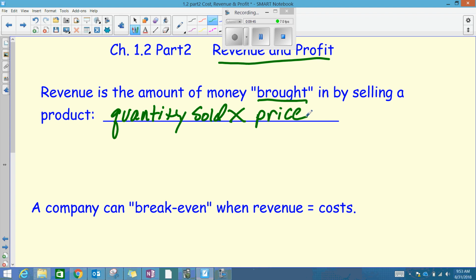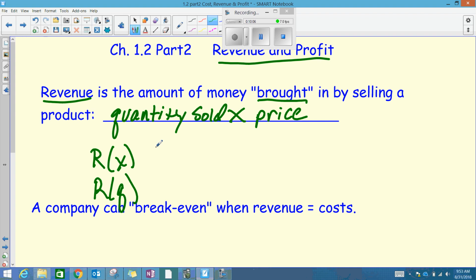We're not thinking about cost right now. We're just saying if I have 100 cupcakes, I sell them for $5 a piece, I bring in $500. The revenue equation is noted as R of X, or sometimes R of Q for quantity.